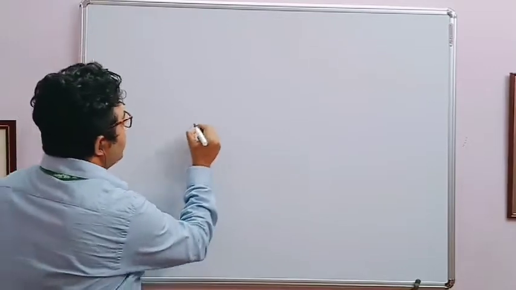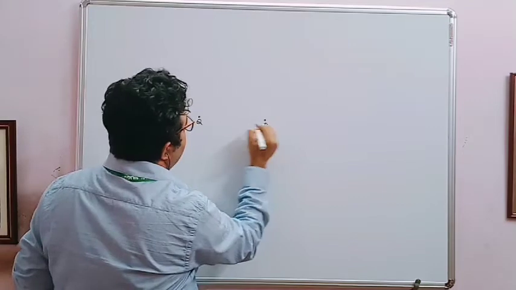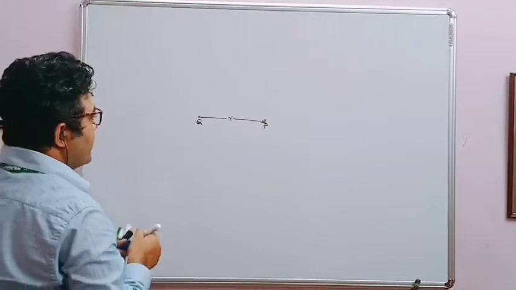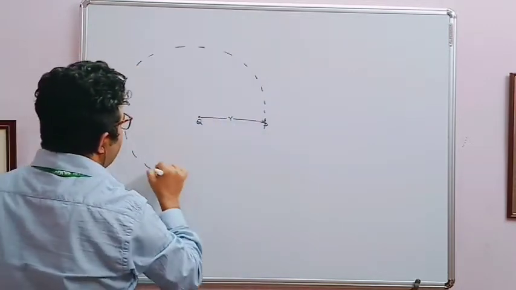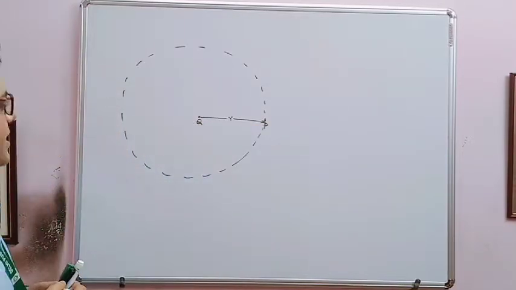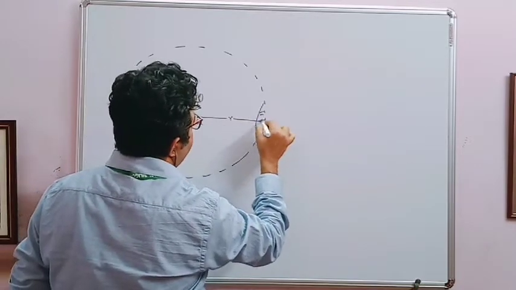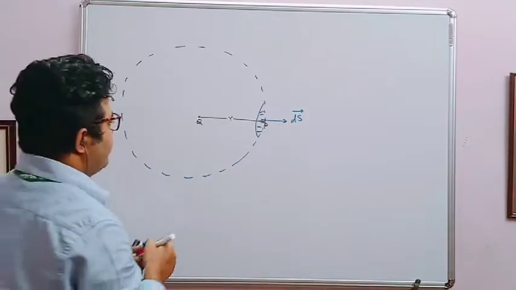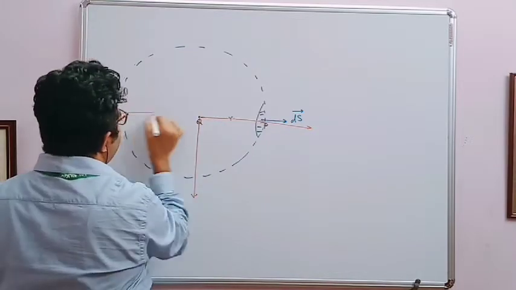So next, Q is a point charge and P is a point at a distance r, and we imagine an imaginary Gaussian surface whose radius is r, area vector normal to the surface, and electric field is outward.